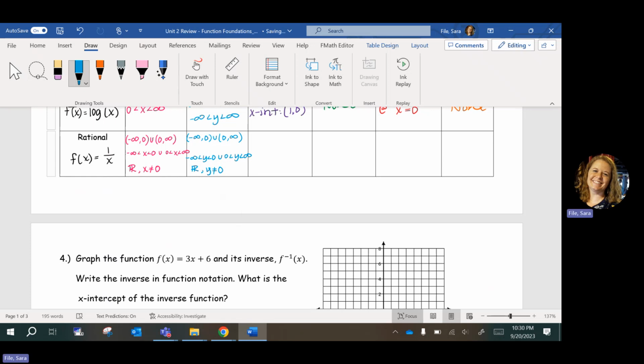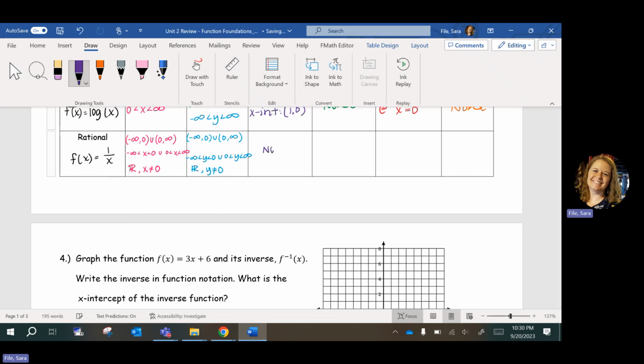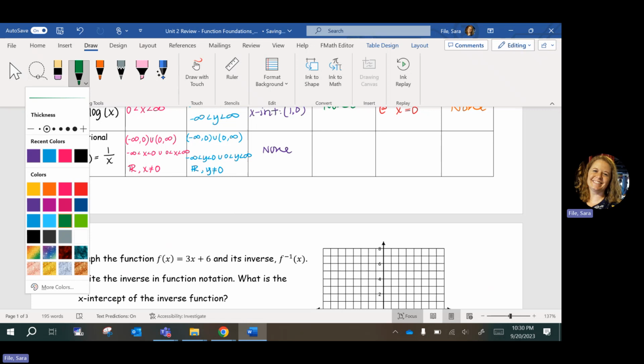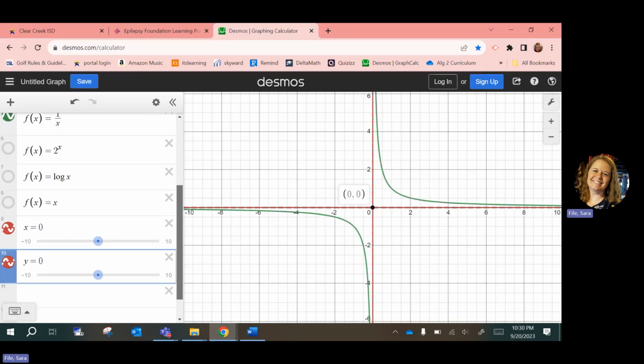All right, and then the x and y intercepts. This one has asymptotes on both axes, so this has none. It doesn't cross the x or the y axis. Okay, if we talk about symmetry, this is one that if I held my pencil down here at 0, 0, and I rotated that graph 180 degrees, it would appear unchanged.